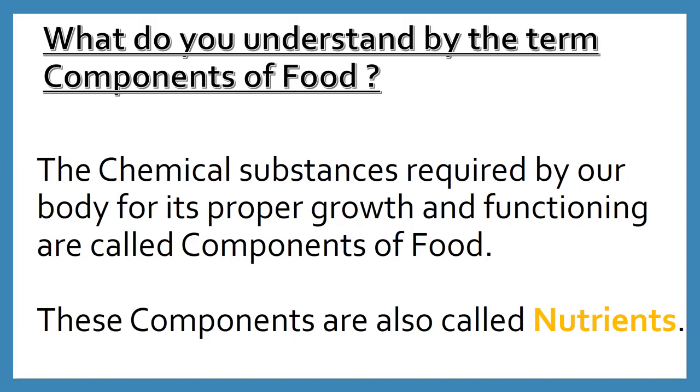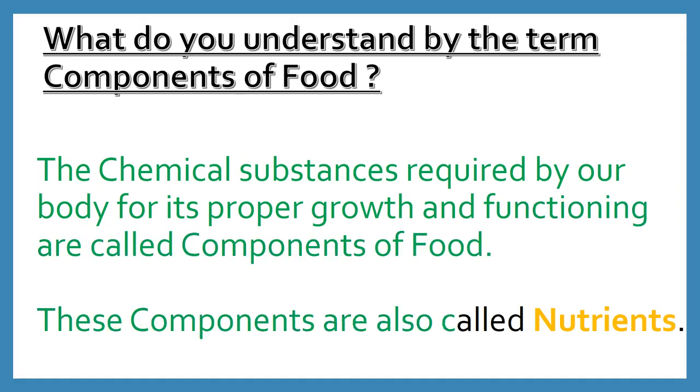Now, let us first of all understand what the term components of food means. The chemical substances required by our body for its proper growth and functioning are called the components of food.